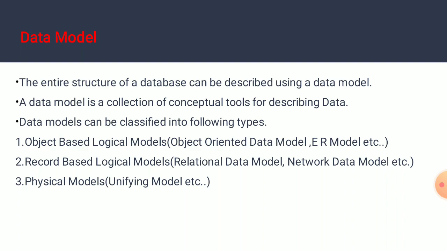That means there are some types like relational data model, network data model, etc. And in physical model, the actual physical information which is stored in a secondary memory or in memory can be used. How we represent that information using physical model.